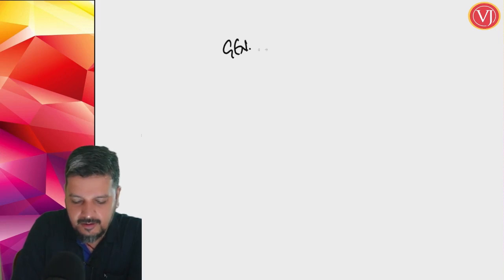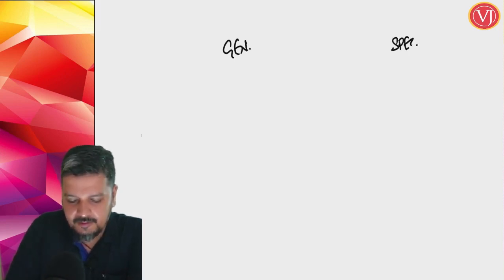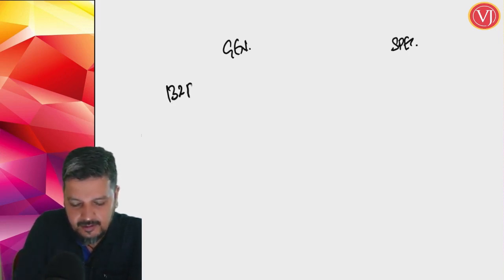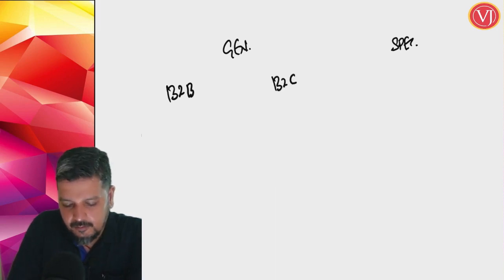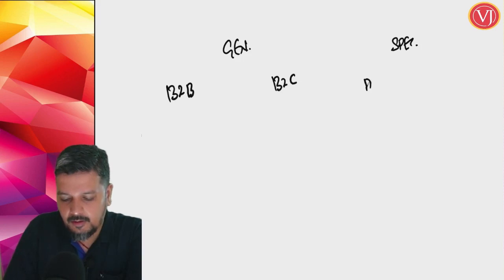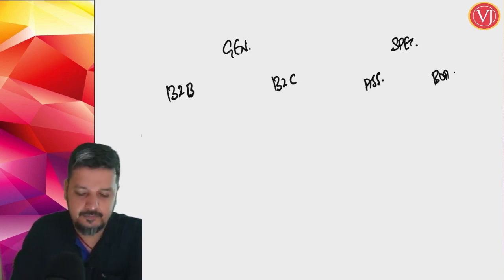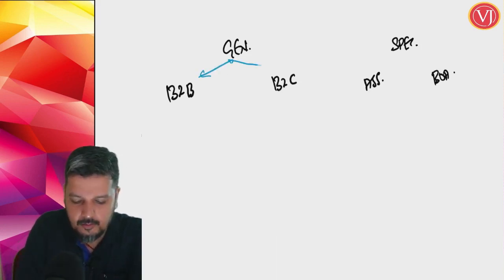Rather, we'll make it more clear. General transactions, special transactions. General transactions: B2B, B2C. Special transactions: goods assembled at site and goods sold on board a conveyance. So in general, you have 2 categories.